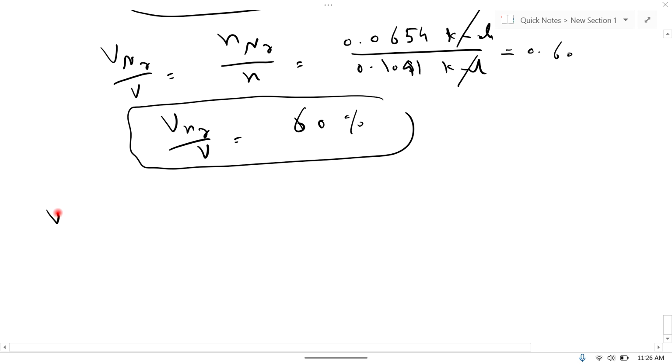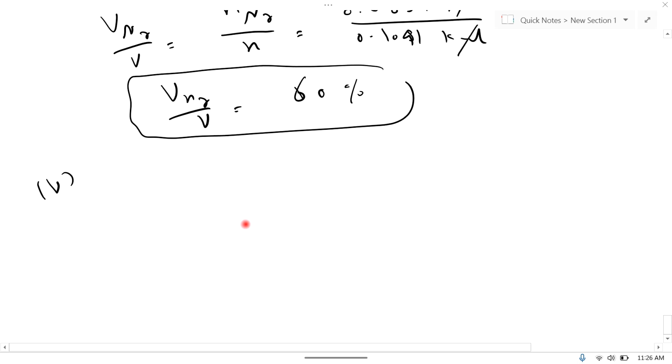And in part number 5 we have to find Cp, Cv, M, R and gamma. So for nitrogen, we know that Cv of nitrogen is a constant value. We have to find Cv of the mixture. So Cv of nitrogen is a constant value, which is equal to 0.743 kilojoule per kilogram per Kelvin.